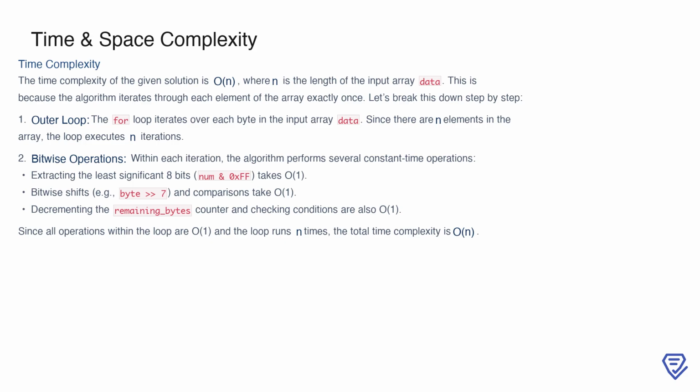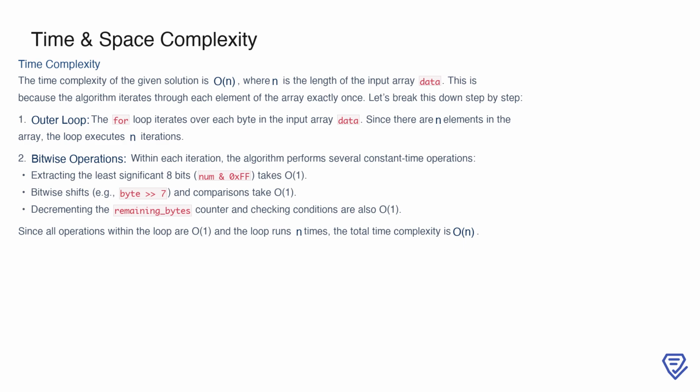The time complexity of our solution is O(n), where n represents the length of the input array data. This is because the algorithm processes each element of the array exactly once. To break it down, the outer loop iterates through every byte in the array, and since there are n elements, the loop runs n iterations.